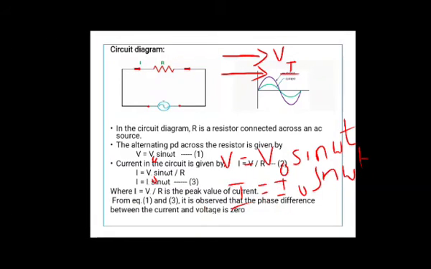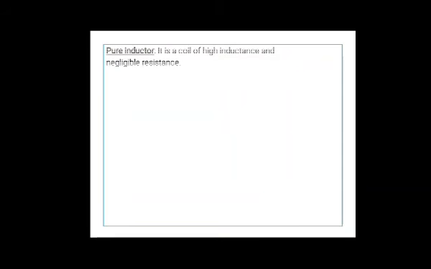Now let us take the next one, that is the pure inductor. It is a coil of high inductance and negligible resistance. So what is a pure inductor? An inductor is nothing but a coil.